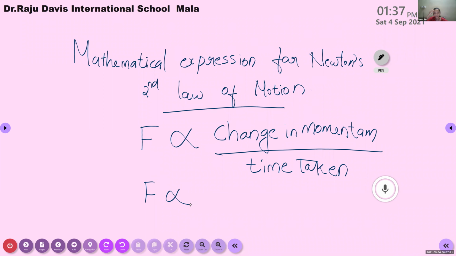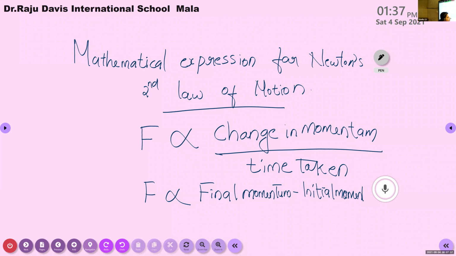So F is directly proportional to final momentum minus initial momentum, which gives the change in momentum, divided by time taken.